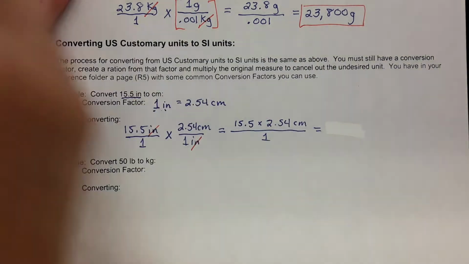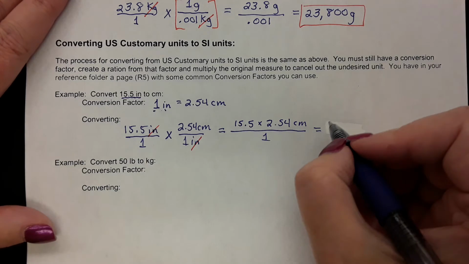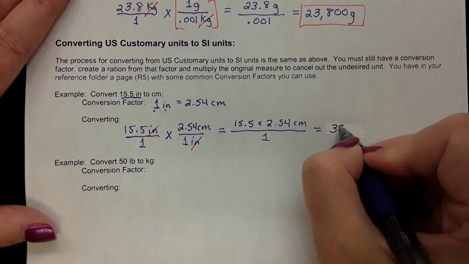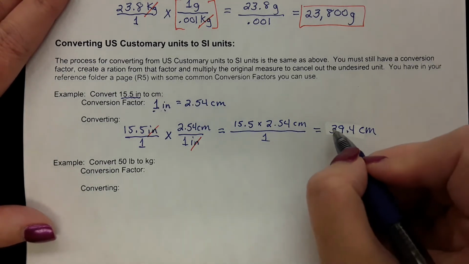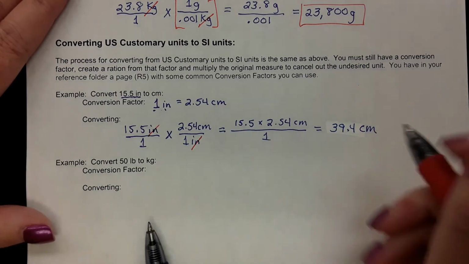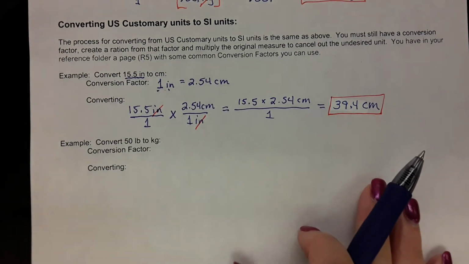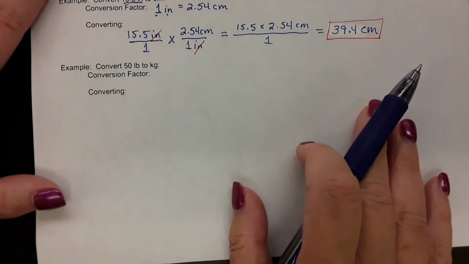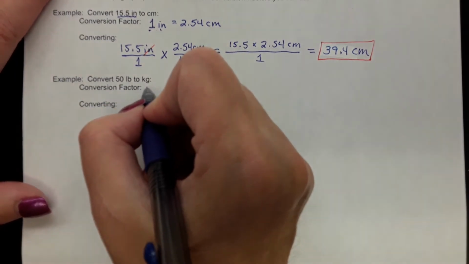Sorry, I was looking at my key and looked at the wrong thing. All right, so when you multiply that out, you get 39.4 centimeters. Okay? Bada bing, bada boom. Now that's not so bad, is it? Let's look at one more, just to make sure everybody's okay. It doesn't hurt to help yourself by looking at one more.